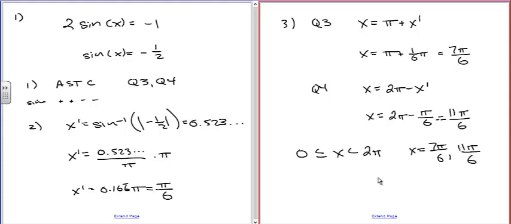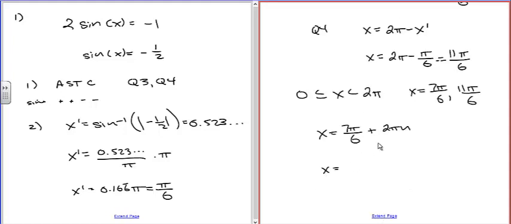Now if you want all the solutions, then x is 7 pi over 6 plus 2 pi times n, and the other one, corresponding to the fourth quadrant solution, is 11 pi over 6 plus 2 pi n, where n takes on all integers. So n equals 0 gives you the solutions between 0 and 2 pi. Okay, so that's how you do it using the calculator.